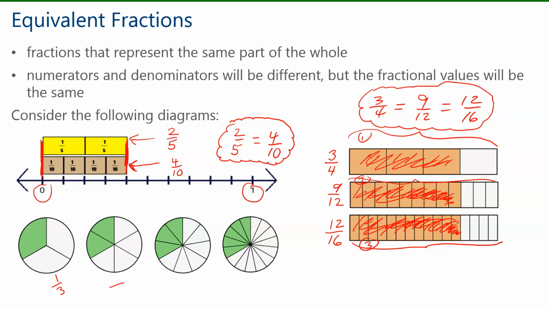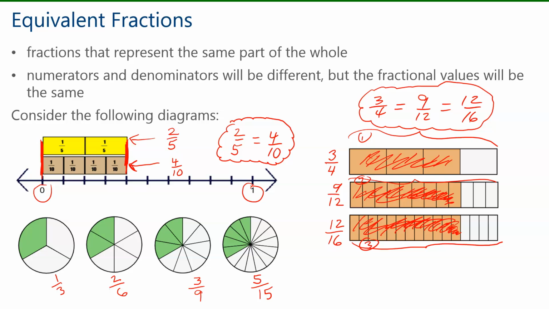In our second circle, we have 6 equal sections and 2 are shaded. In our third circle, we have 9 equal sections and 3 are shaded. And in our fourth circle, this one has been divided into 15 equal sections, and we count 5 being shaded.